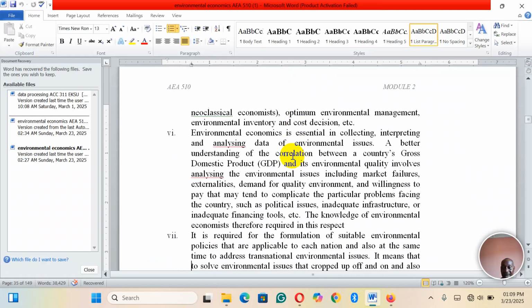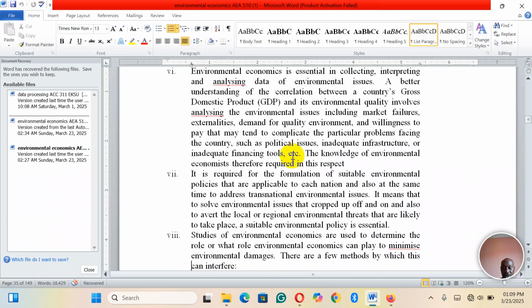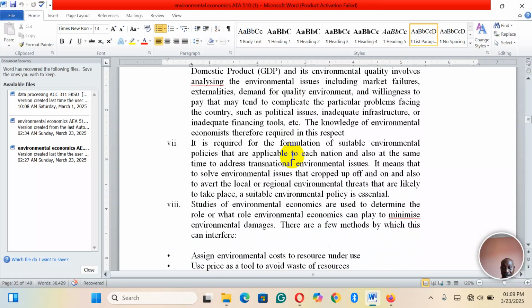Six, environmental economics is essential in collecting, interpreting, and analyzing data on environmental issues. Then seven, it is also required for formulation of suitable environmental policies that are applicable to each nation and at the same time address transnational environmental issues.